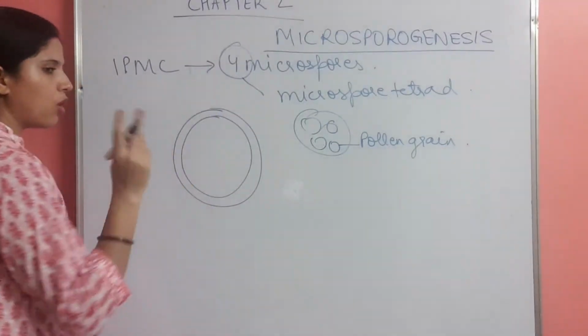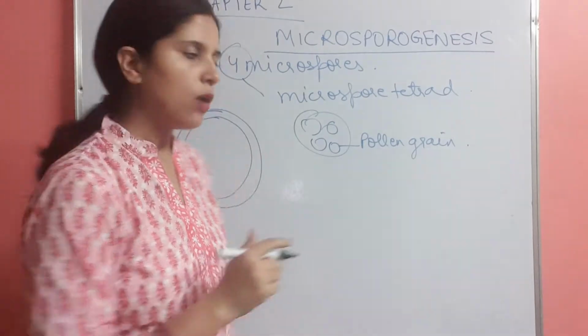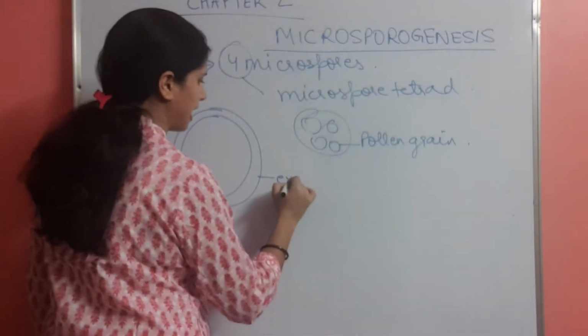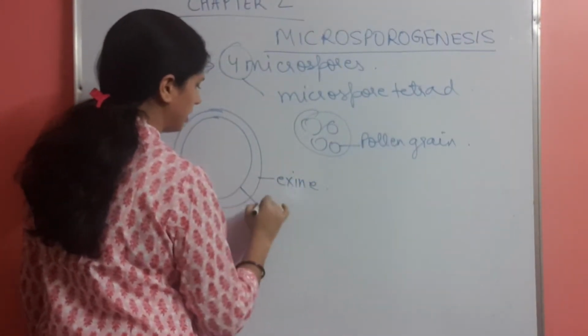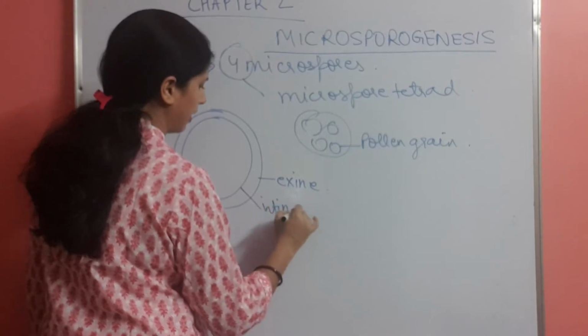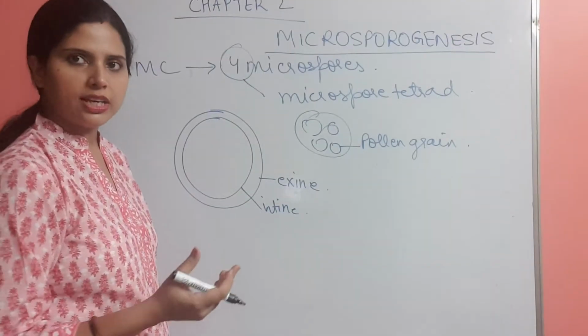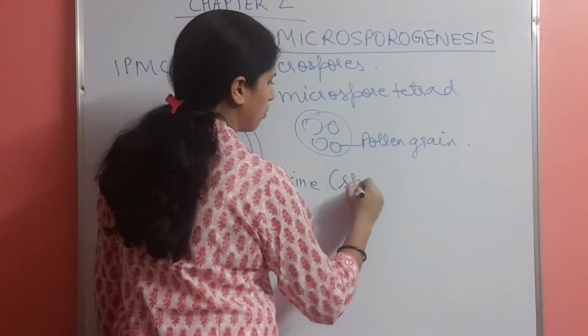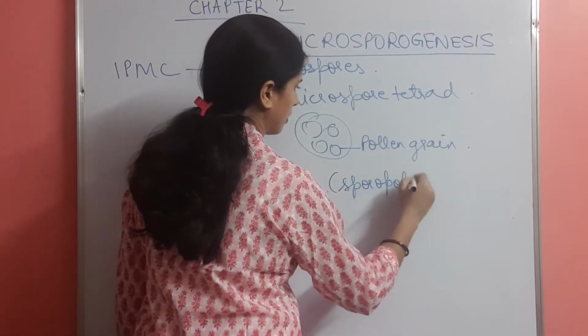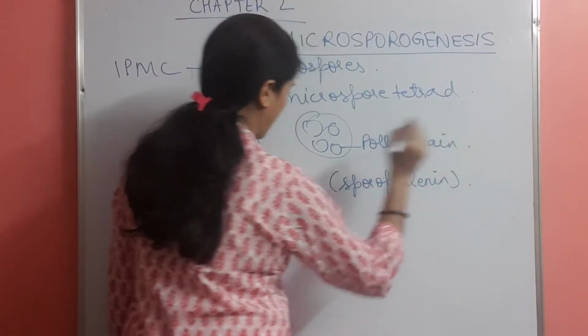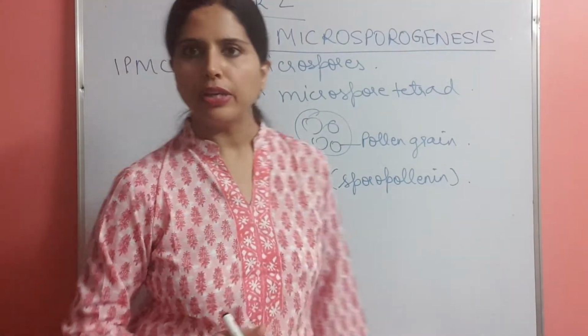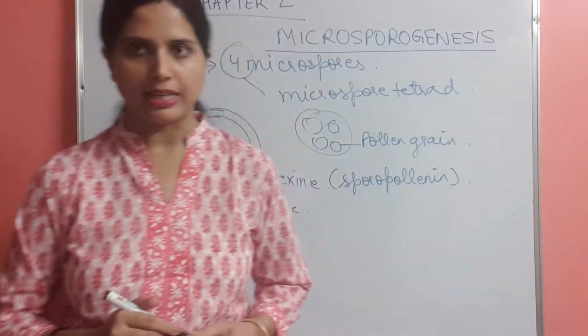One pollen grain consists of 2 layers. The outer layer is the exine layer and the inner one is the intine layer. The exine layer is made up of sporopollenin, and the intine layer is made up of cellulose and pectin.